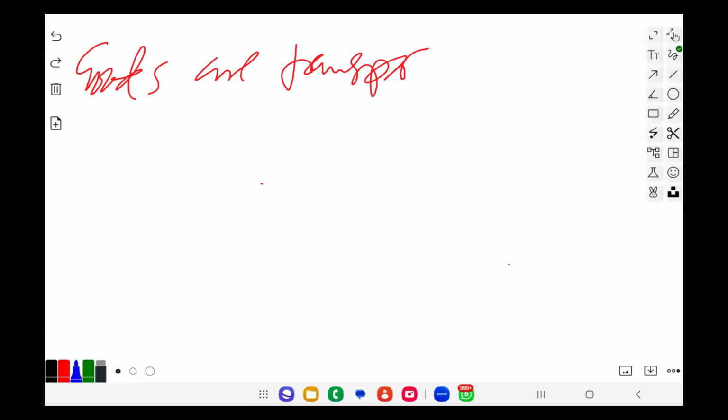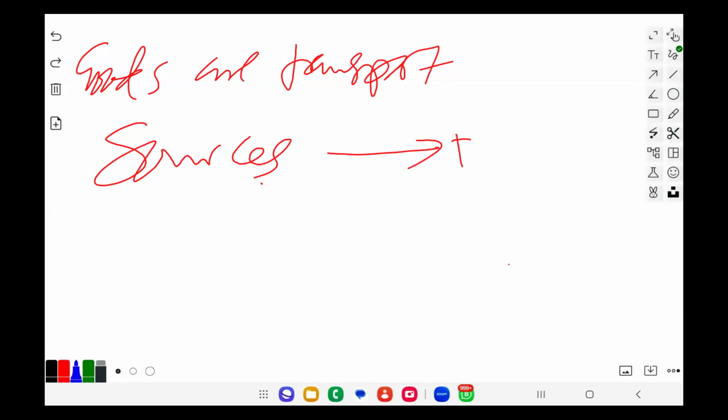So the goods, we have already reported, are being transported from a set of sources to a set of destinations. Okay, so you have the keywords: sources, and then you also have destinations.